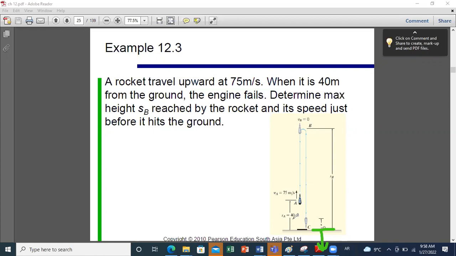Okay. Now, the second part in this problem is to determine the speed just before hitting the ground. How will you determine the speed just before hitting the ground now? What should we do? The first thing that we know is that x equals 0. Exactly.